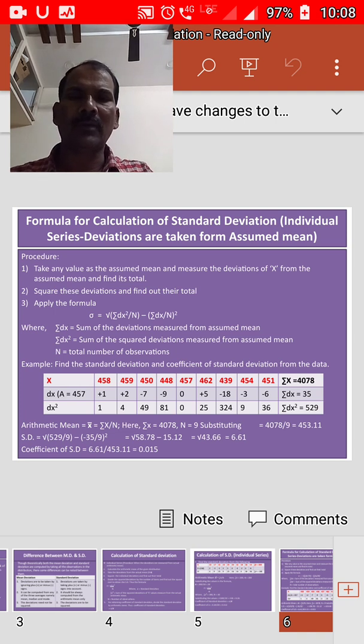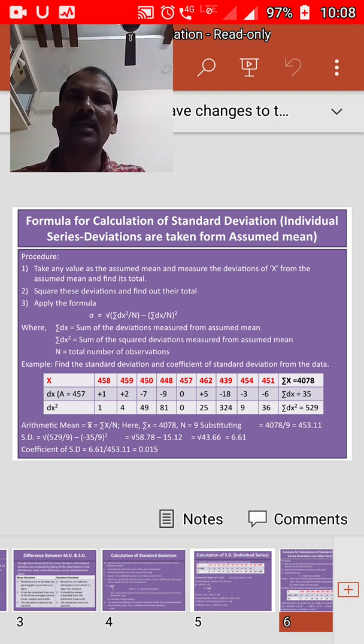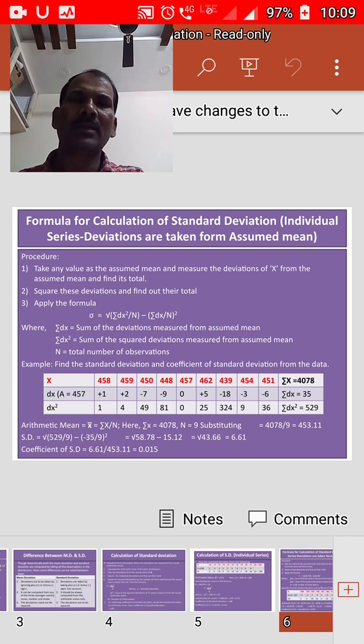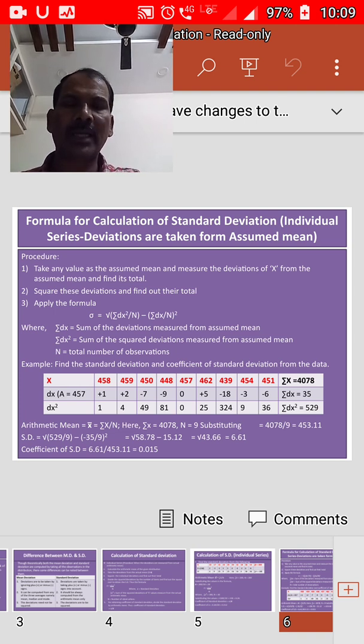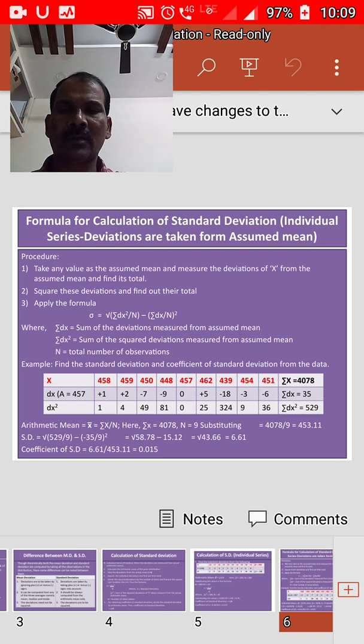Third, apply the formula, that is small sigma, which is the standard deviation, equal to under root of sigma dx square. Here sigma means capital sigma, that is the summation of dx square. We will see where these terms are defined below.